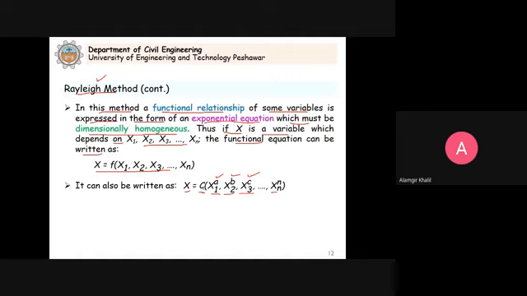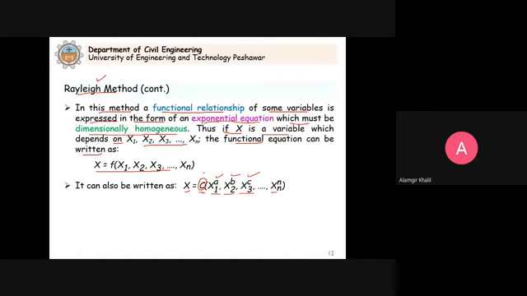And why do we need to write this c here? Because we want to develop a functional relationship between the variables. Because we do not know the exact relationship, when we do the dimensional analysis, the solution is partial only.